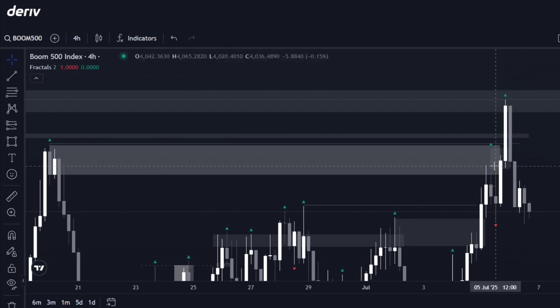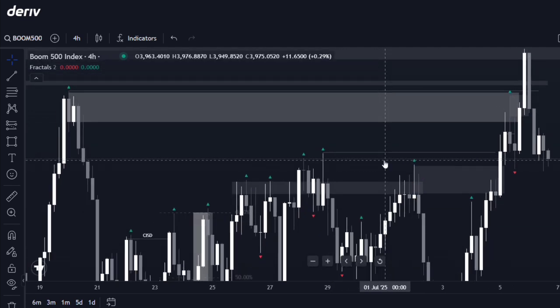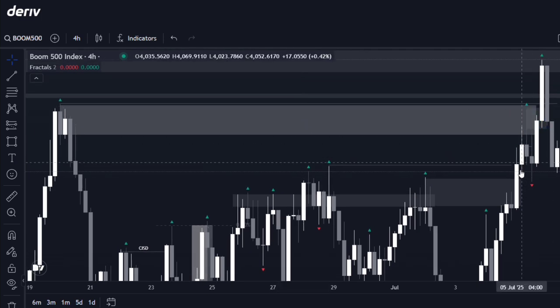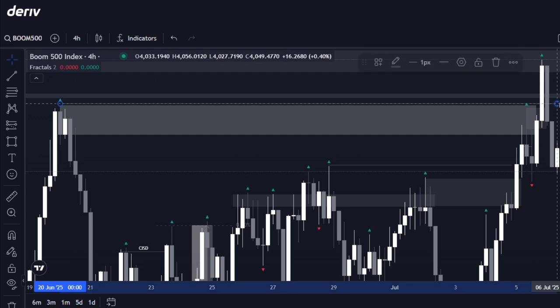This would have been a more suitable movement to get into this setup rather than the one we took in the initial place, because when this rejection started happening, what we had here now were relatively equal highs, and this was a fair value gap.